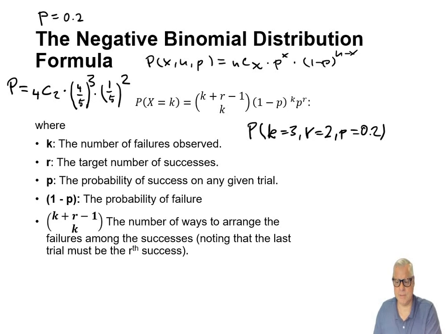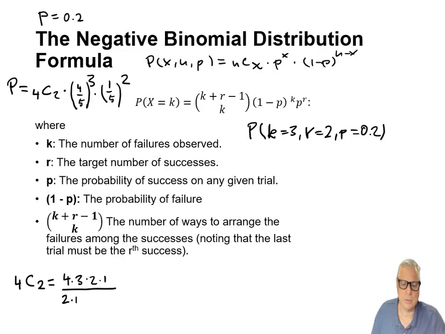Now let's see if we can calculate it in our head. It's probably a borderline case. Let's start with the combinations. This is 4 times 3 times 2 times 1 divided by 2 times 1 times 2 times 1.